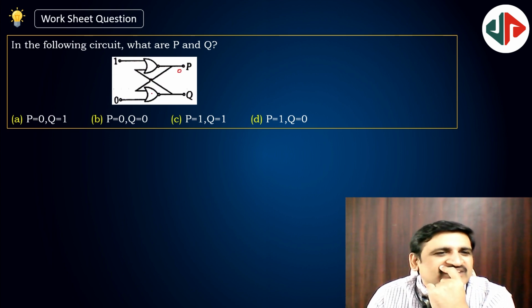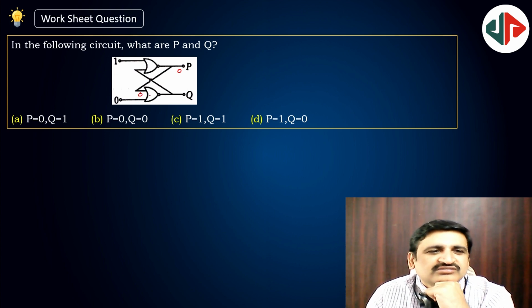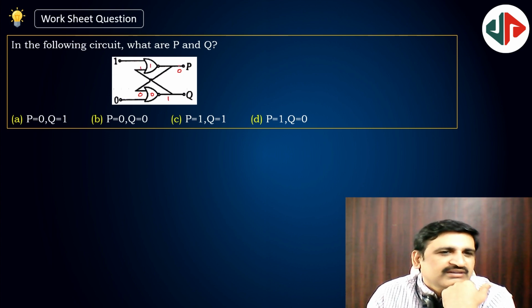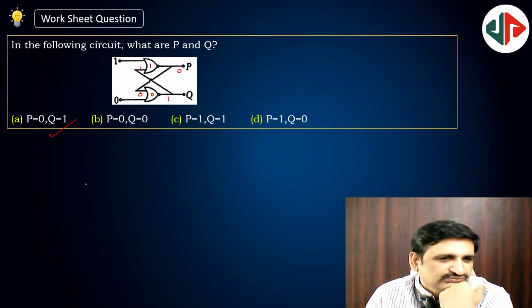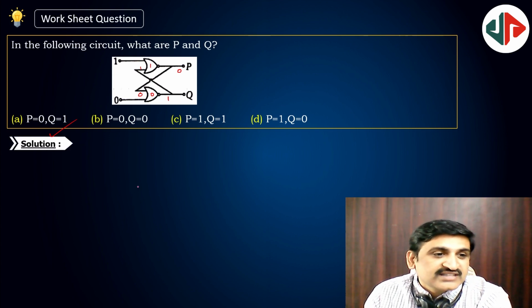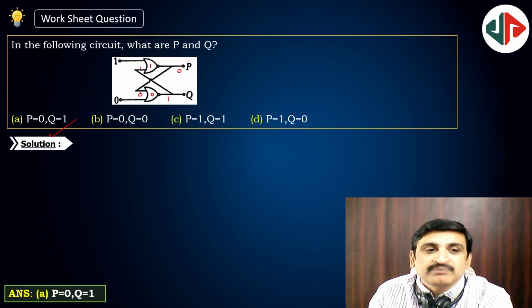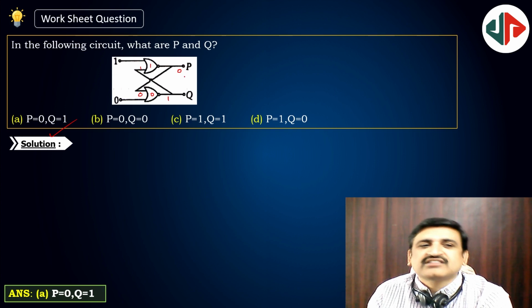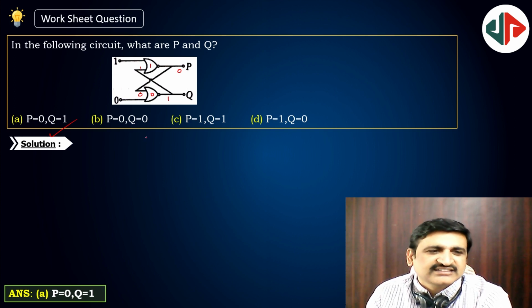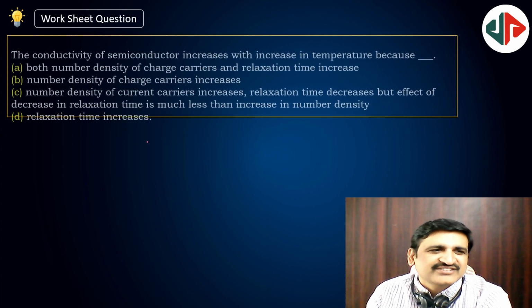Then this will be 0. Then 0 0 will be 0 here, and it will be 1 here. So it will come as 1. 1 and 1 is 1. 1 will become 0. So it is accepted. The first option is accepted, and I'm not checking the other two. You check like this: select one option for P and check by doing a back calculation. Tricky question. Good one it is.